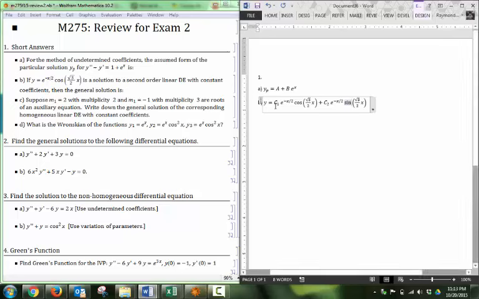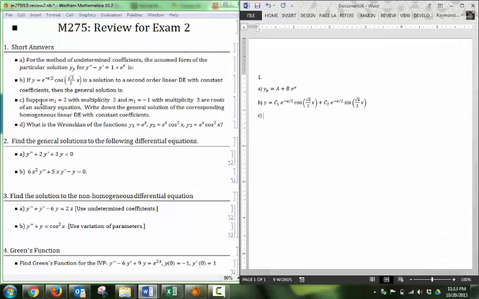If you remember where this came from, we're assuming that the solution to our auxiliary equation is negative 1/2 plus or minus square root of 3 over 2 i, and that's how we were able to get this combination of exponentials and the sine and cosine functions. All right.